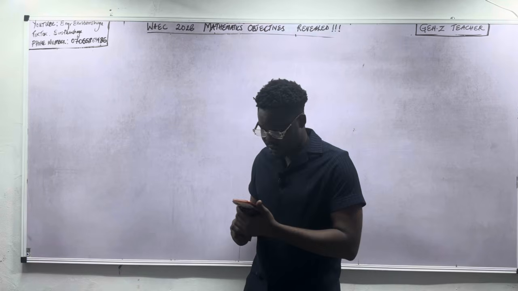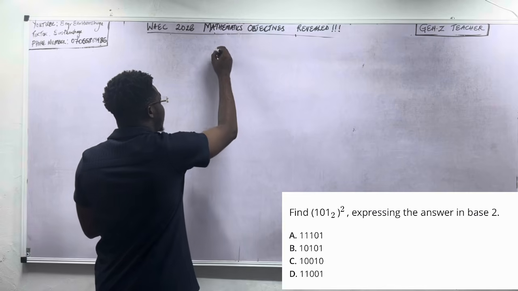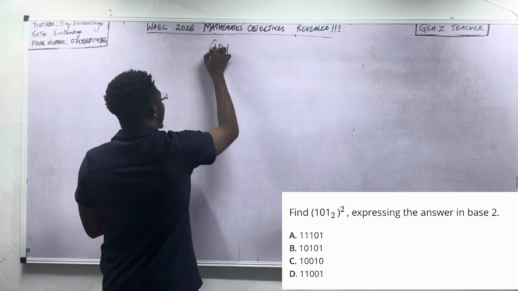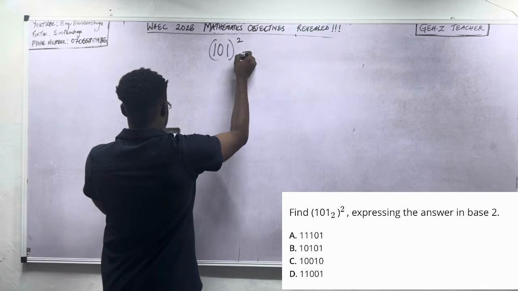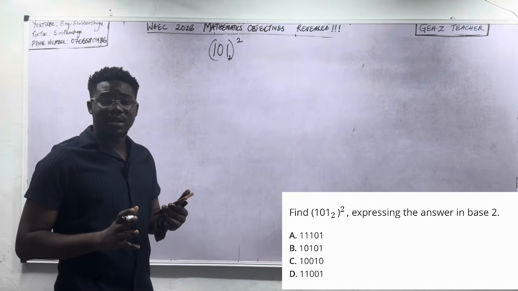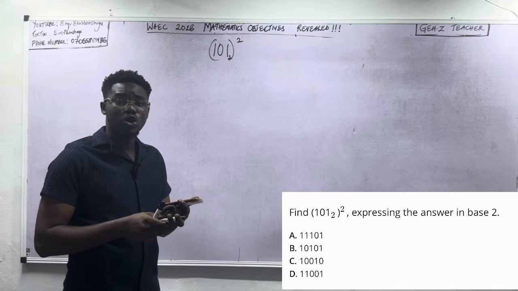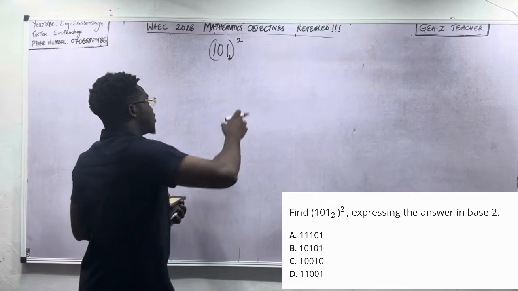Question number 1 says, as shown on the screen, find (101) all raised to power 2, in base 2. Find this value and express the answer in base 2. Now, this is from the topic called number bases. So quickly, we're going to expand.